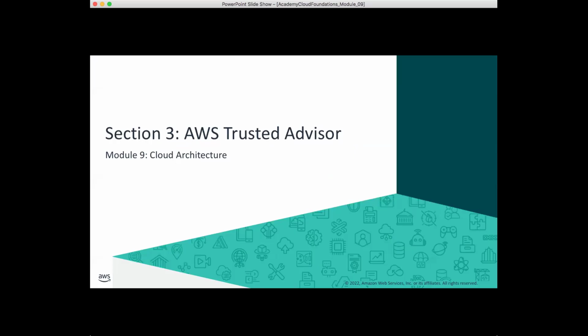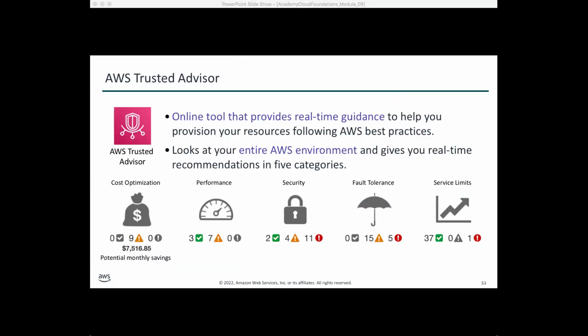Next thing we are looking at is something called AWS Trusted Advisor, right? Basically, AWS Trusted Advisor is an online tool, like the AWS Well-Architected Tool I showed you.